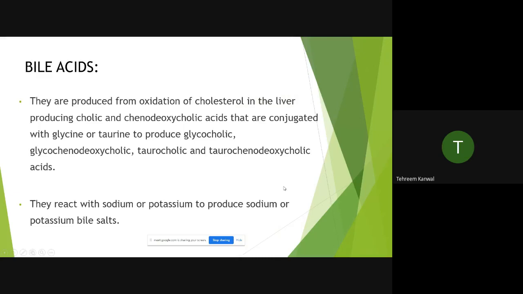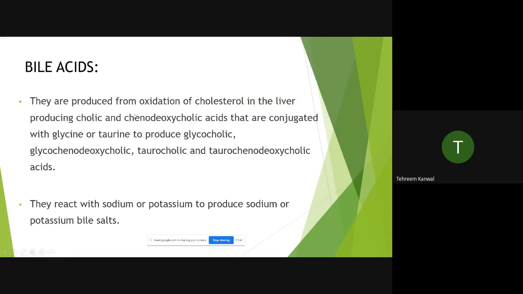Now bile acids. We all know that till now we have discussed how lecithins and other phospholipids are helpful in the emulsification of digestive compounds. There is another compound present in the bile which helps in emulsification, which is the bile salts and bile acids.